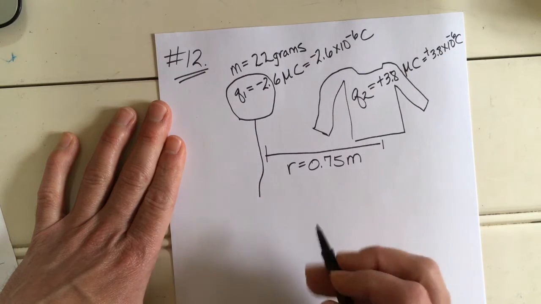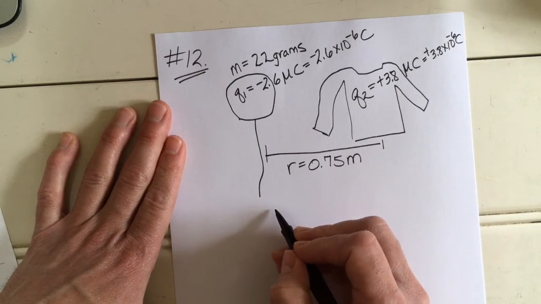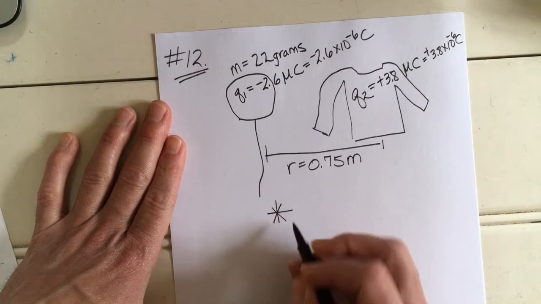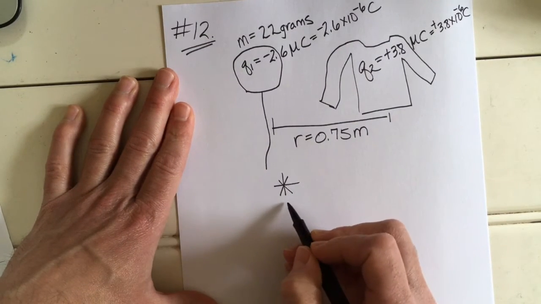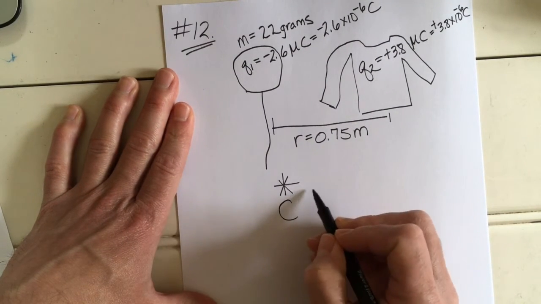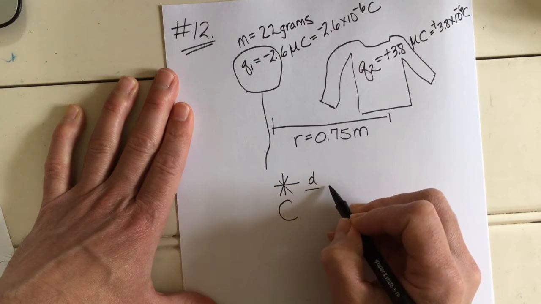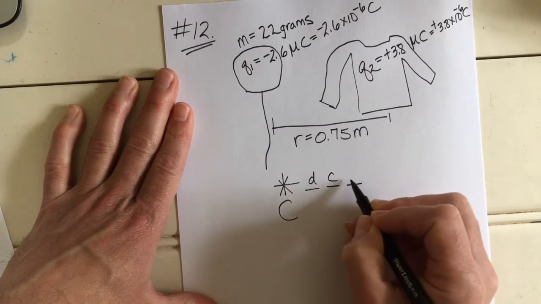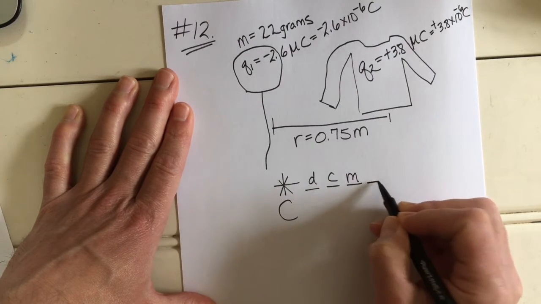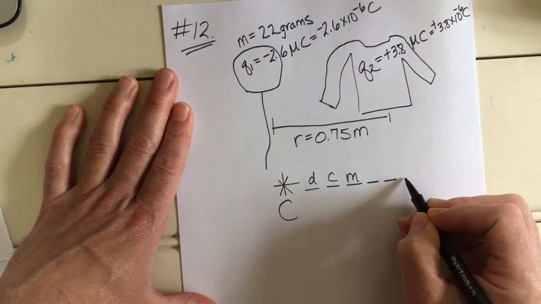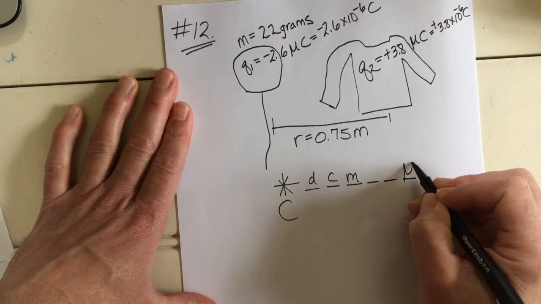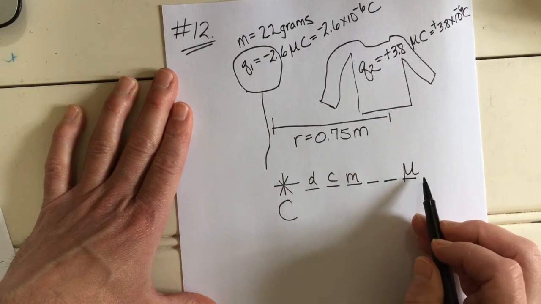Just moving, like we talked about, from the base unit, which was coulombs. If I remember right, deci, centi, milli, and then we had space, micro, and we were starting in micro.